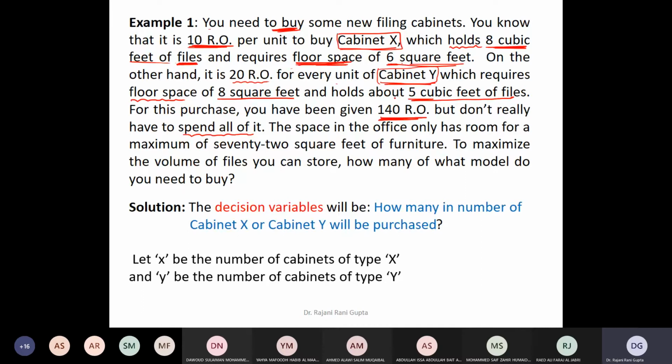So in your office, you can keep cabinets that occupy only 72 square feet, not more than that. This is about the area. So you have a restriction on the area. The floor space that can be covered at maximum is 72 square feet, because that is the capacity of the room. So these two things are there.